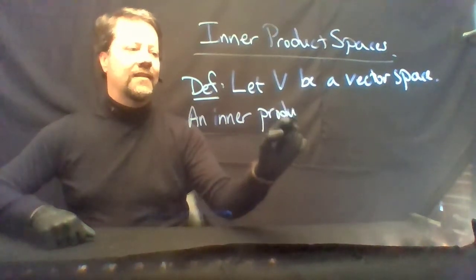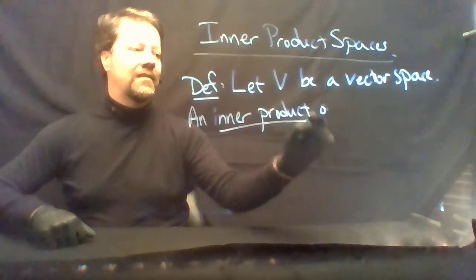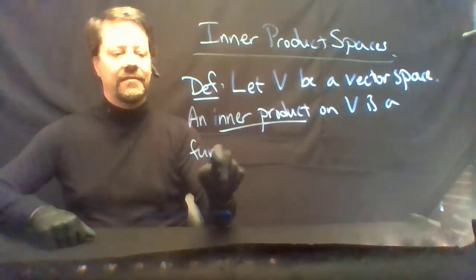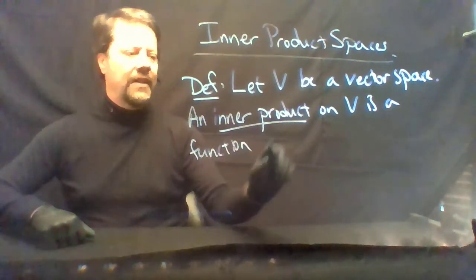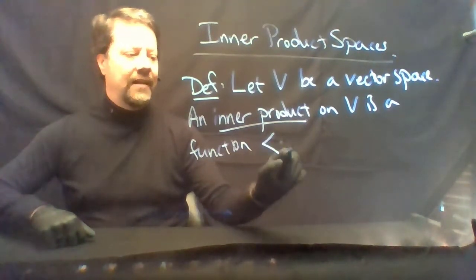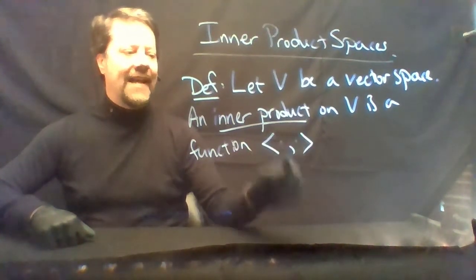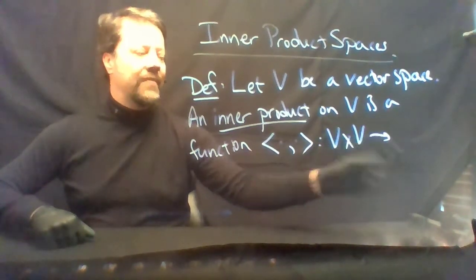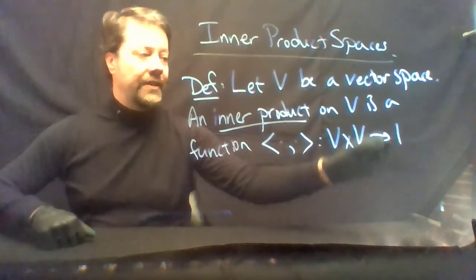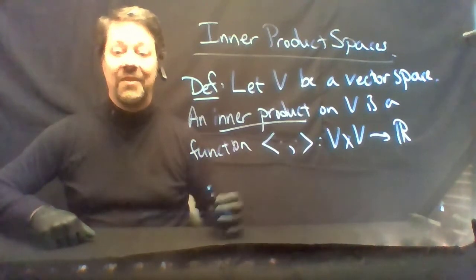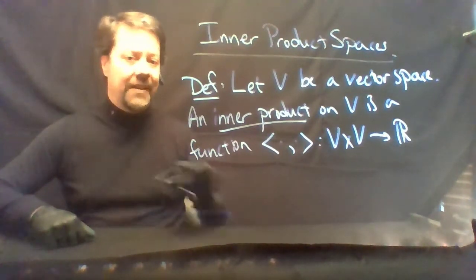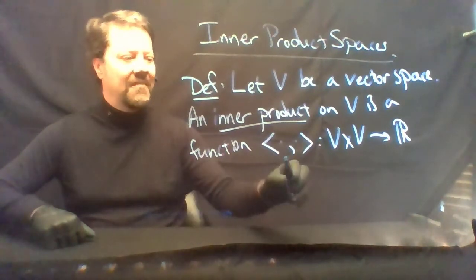An inner product on V is a function. It's usually denoted by an angle bracket, a comma, an angle bracket. It has two slots. It maps V cross V into the set of real numbers. We'll have a real inner product here. Sometimes they can be complex valued. We're not going to talk about that.